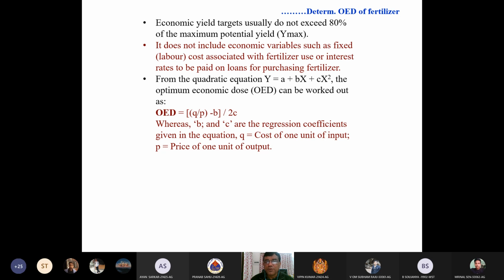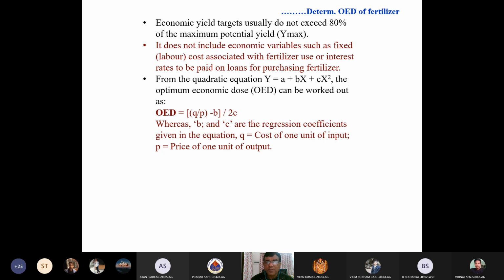It does not include economic variables such as fixed cost associated with fertilizer use or interest on loans for purchasing fertilizer. It considers only the cost of the fertilizer, not other kinds of cost.